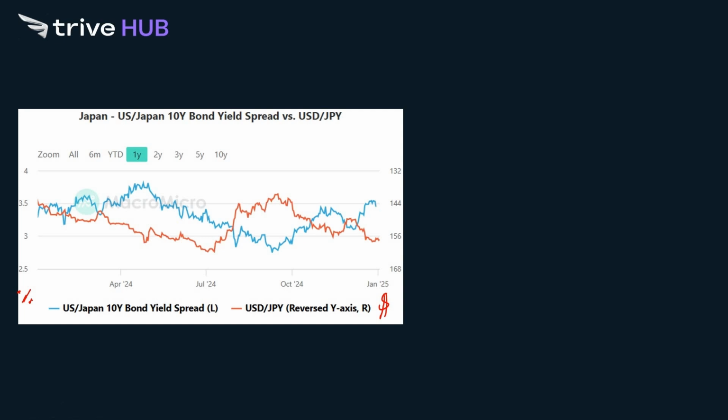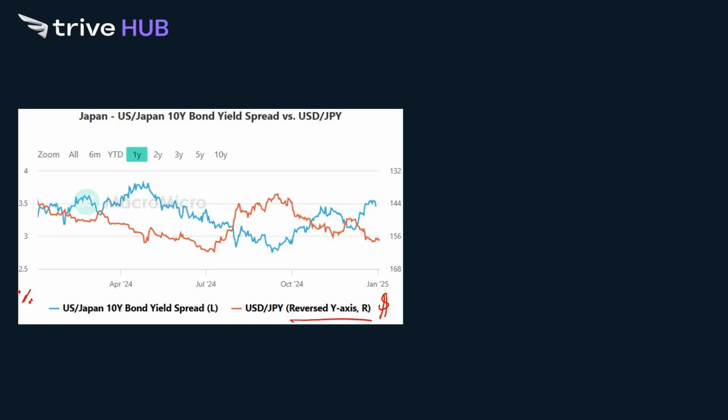This blue line plotted on this chart shows that the yield spread is rising. The yield spread is widening here, and the USD JPY exchange rate is the red line, and it shows that the US dollar is strengthening. This is a reversed y-axis, so that is why it is falling.